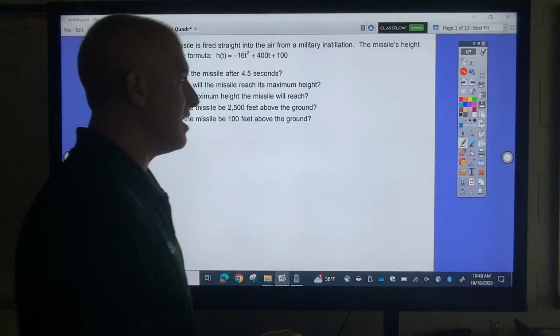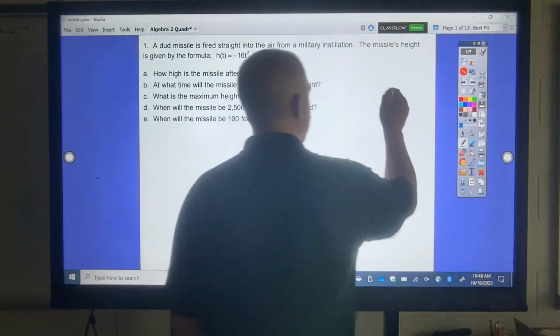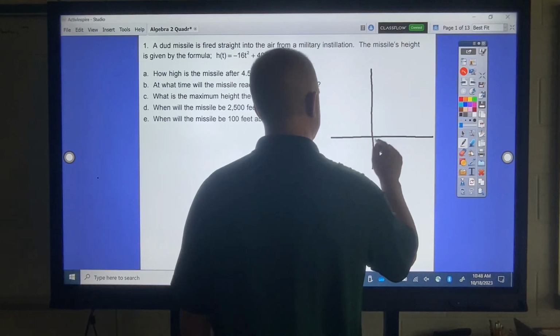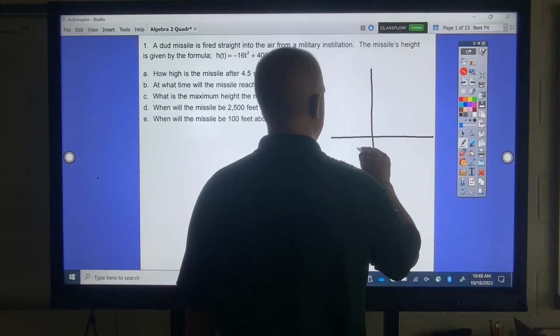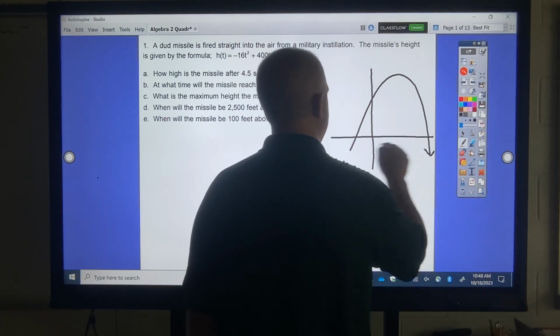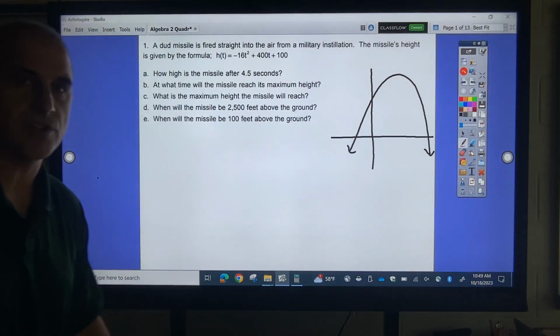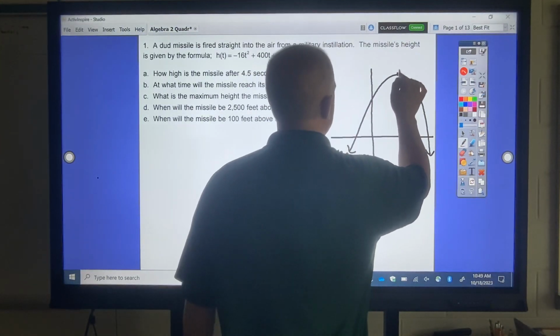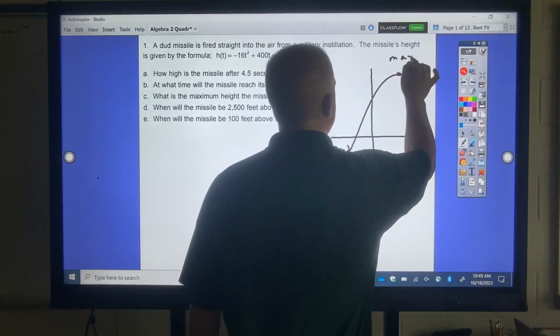Now, before we get into that, I want you to understand something about the graph. When you see one of these graphs, we're talking about a quadratic. There's a couple parts that you need to understand. First of all, this is considered the max, when they're talking about max.